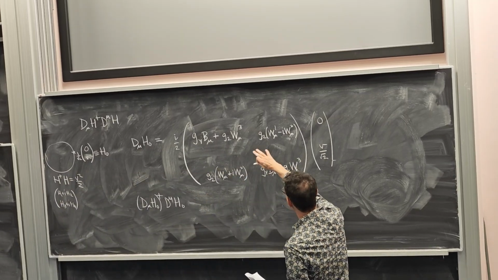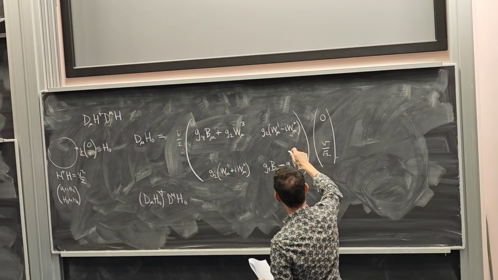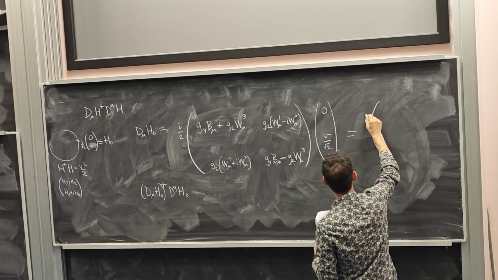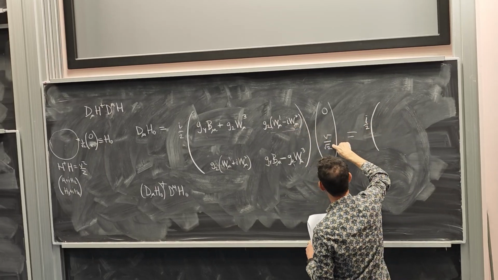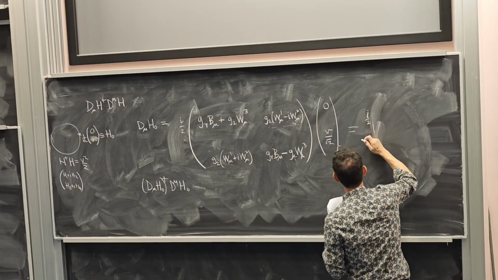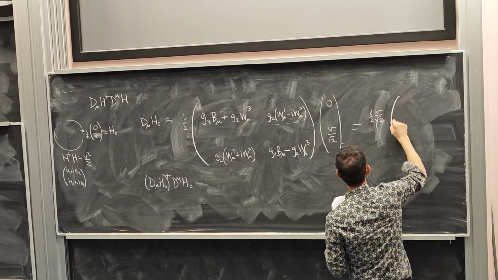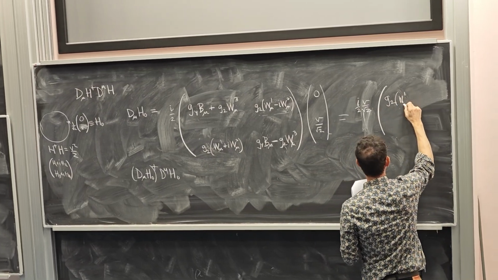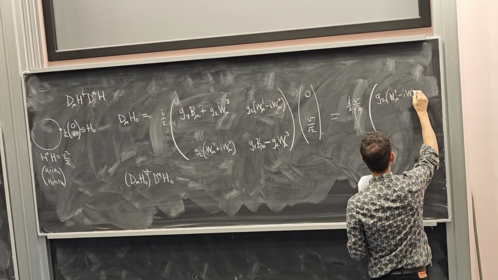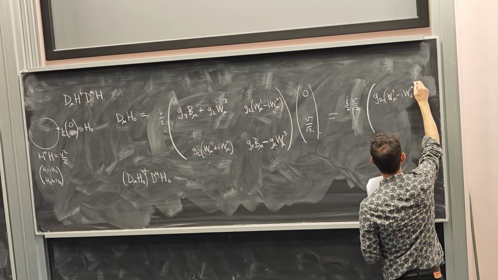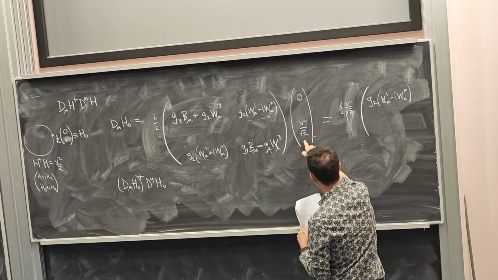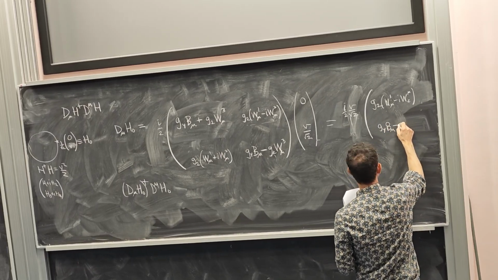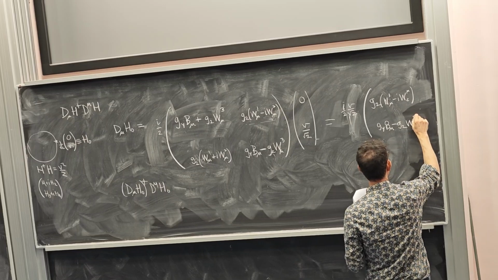Okay, so how do I work this out? Well, I multiply this matrix by that column, and so this term gives me I over 2, this times that gives me, let's bring it out in front, V over root 2, and then I have G2 W1 mu minus I W2 mu. And then this multiplied by that gives me g_Y B mu minus G2 W mu 3.